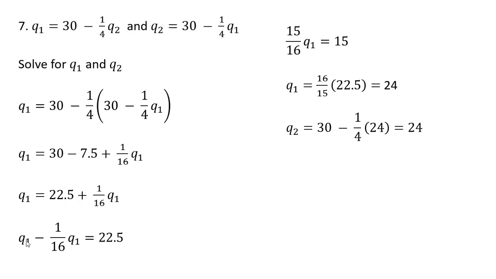And then the left-hand side will just simplify to 15/16 times q subscript 1. Multiplying through by the reciprocal of 15/16, or 16 divided by 15, q subscript 1 is 24. Taking this 24 and plugging it in over here, we get q subscript 2 also equaling 24.